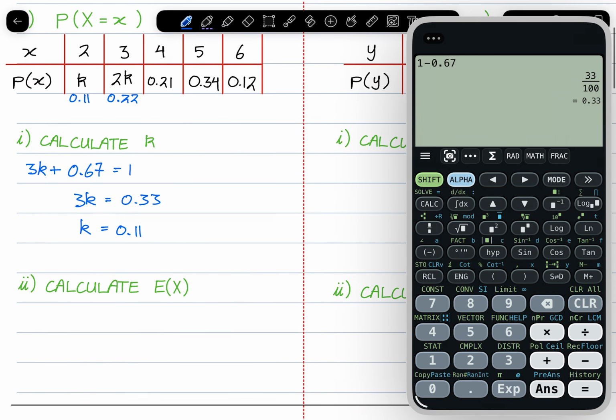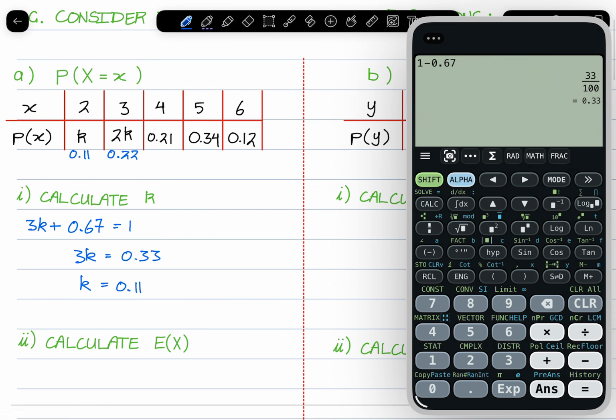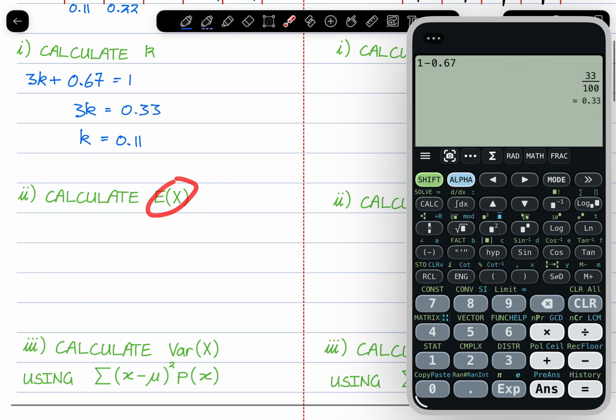Now, I'm doing this set of examples specifically to show that if you don't have space underneath to extend the table, you should really show your working out to calculate the sum, the expected value here.